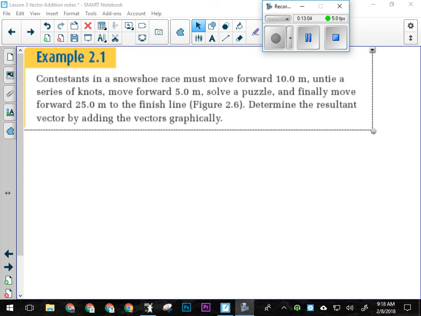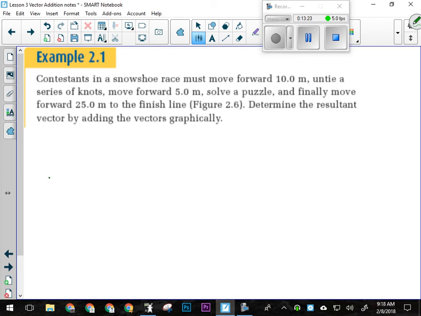When they say figure this out graphically, they mean by drawing a picture, like a graphic, not using a graph, just so you don't get confused. So on this one, in this town where there's obviously nothing to do, these people have this race where they move 10 meters forward and untie a series of knots.